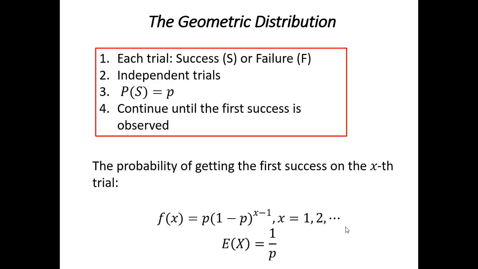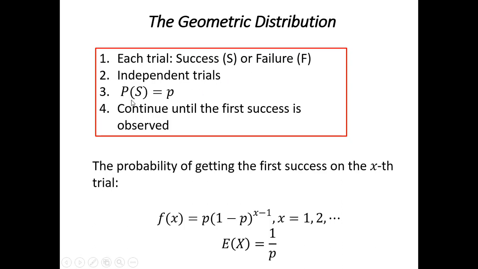Okay, for our last discrete distribution model, we're going to consider the geometric distribution. So here, once again, each trial can result in either success or failure. The trials are independent.